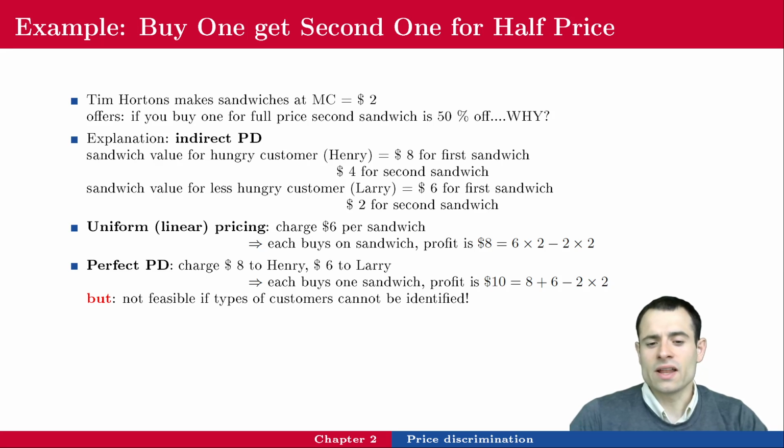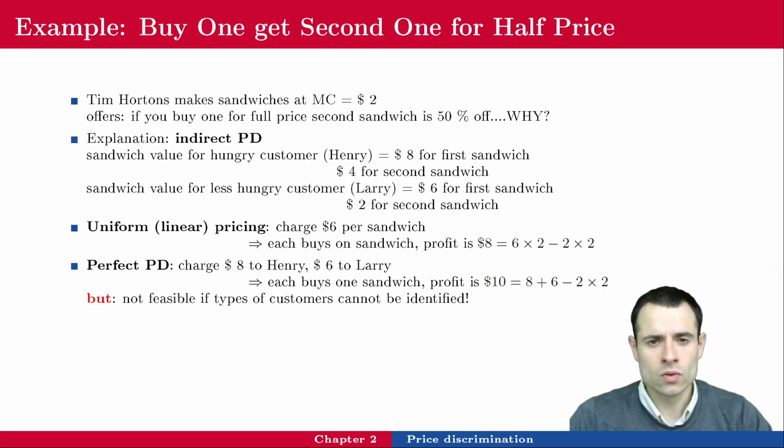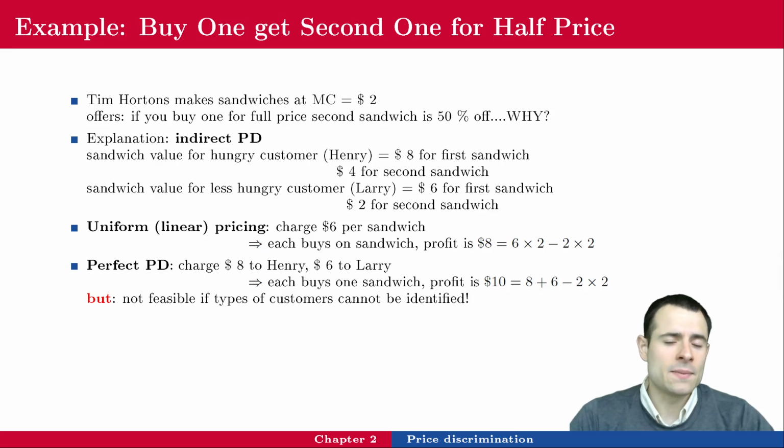Here, Tim Hortons can tell who Henry is and who Larry is, and it is able to impose a different price to each for the exact same product. But this is not feasible if types of customers cannot be identified. If Tim Hortons doesn't know who Larry is and who Henry is, it's not possible.